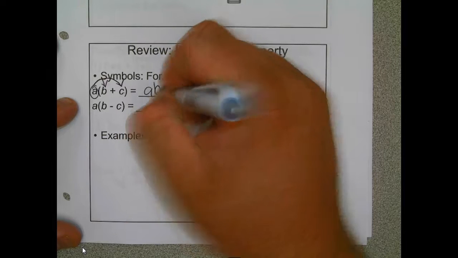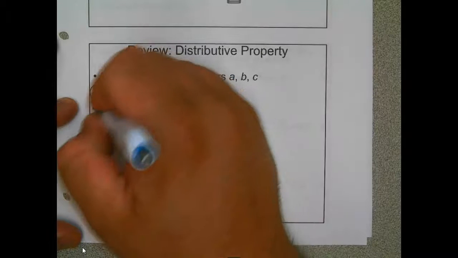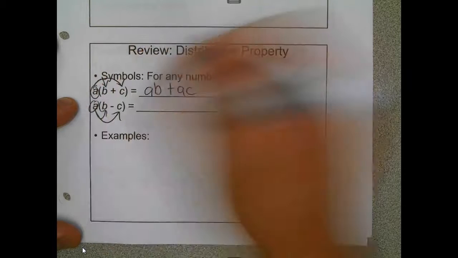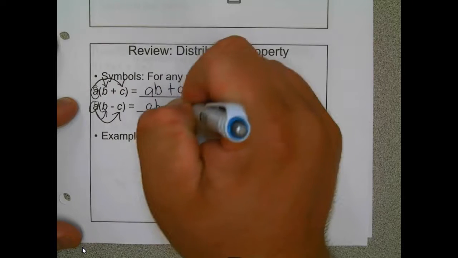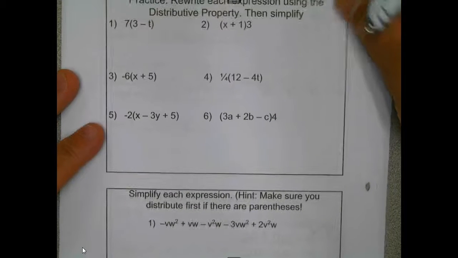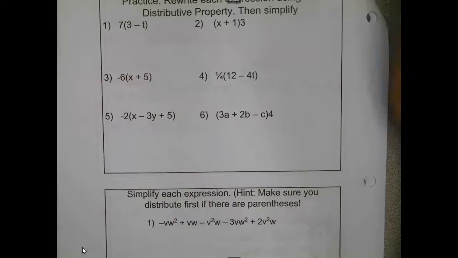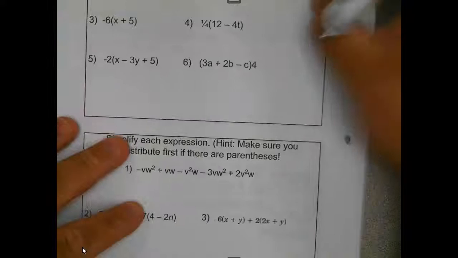A gets multiplied by B, and A gets multiplied by C. Same thing here. We will discuss the distributive property in class again, and make sure that you have an opportunity to practice that and get some feedback from me.